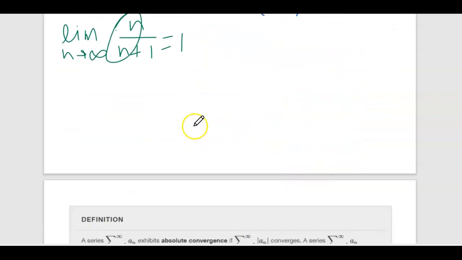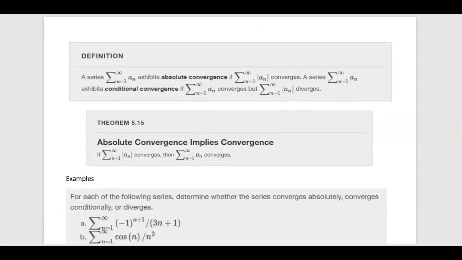All right, so then this brings us to the thought of absolute convergence versus conditional convergence. Because if you look at something like 1 over n, well, 1 over n does not converge, right? We know that the harmonic series, 1 over n, does not converge, but if you put in that alternating piece, now it does.